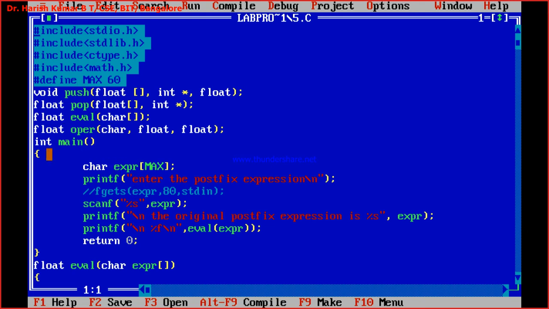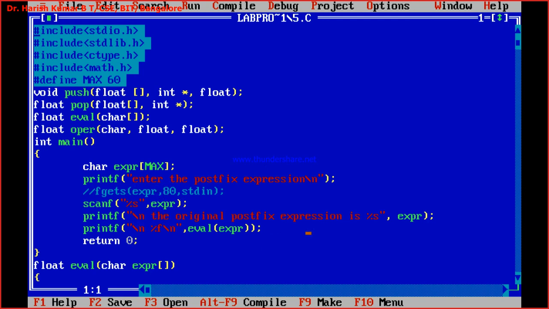Next, inside main, we have the character array expr of MAX. I'm declaring a character array of size MAX 60, so you can enter a postfix expression up to length 60. Then it says enter the postfix expression, and we are reading the postfix expression. Since it's a character array, we have used %s and we are reading it into expr.